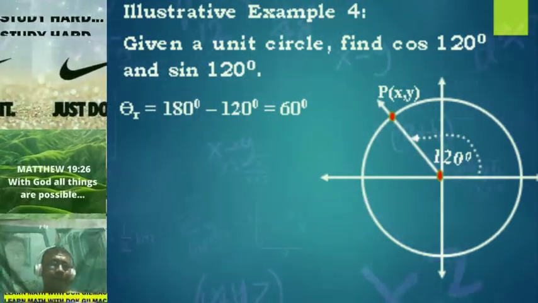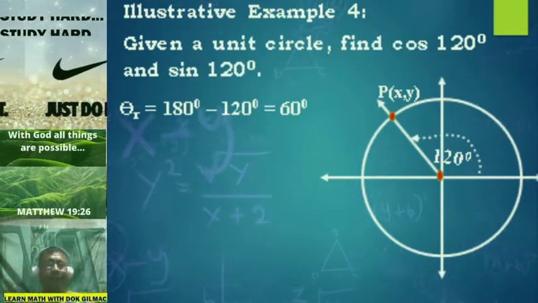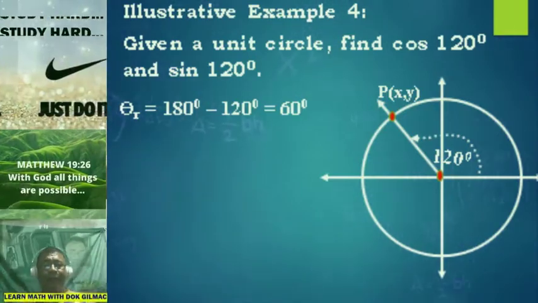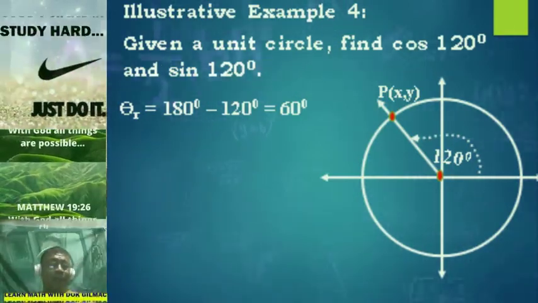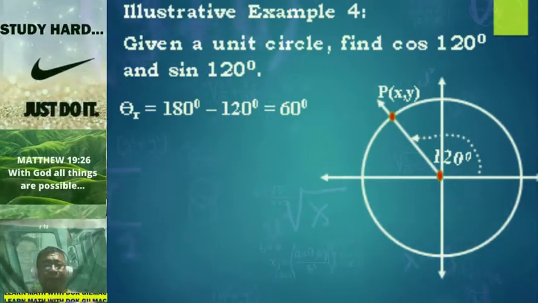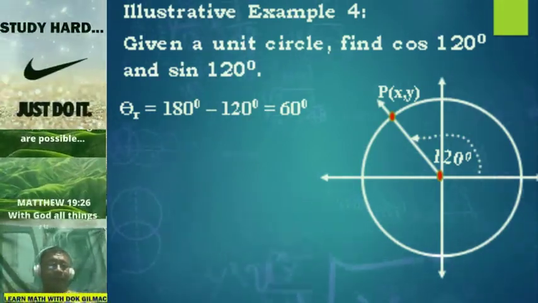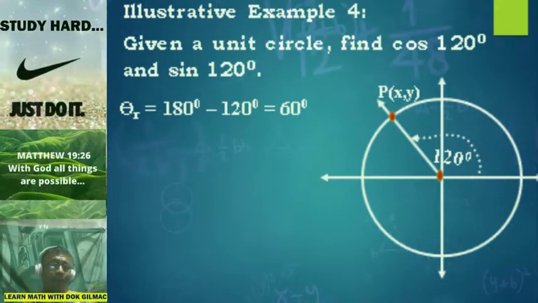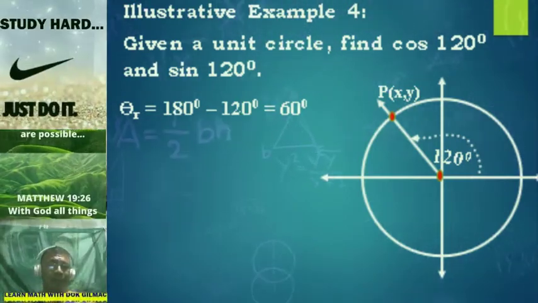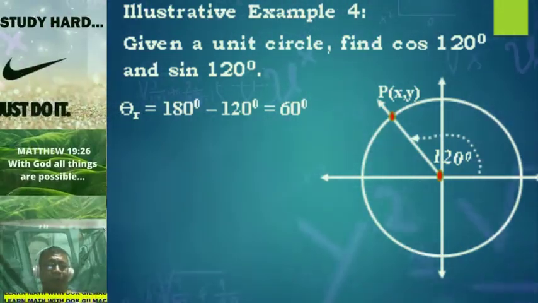So from here we can simply determine first the reference angle. Take note, 120 degrees is in the second quadrant. So therefore, the reference angle is simply the difference of 180 degrees and 120 degrees, which is just equal to 60 degrees.